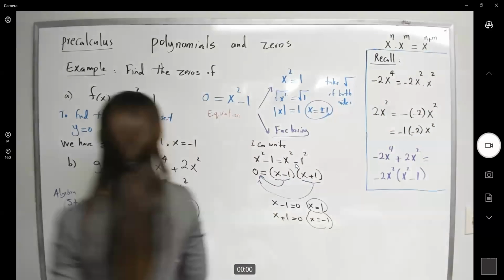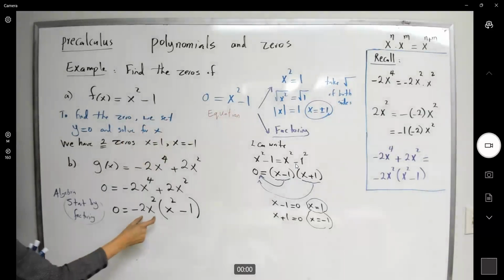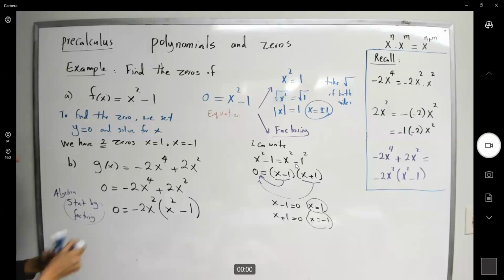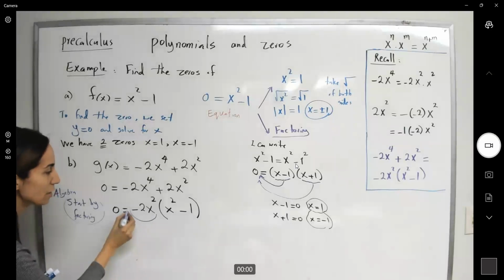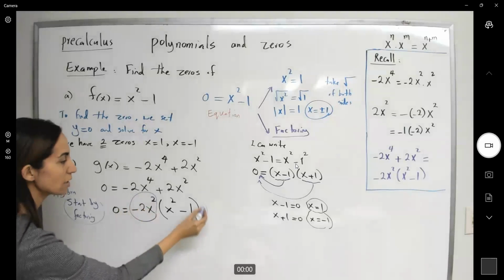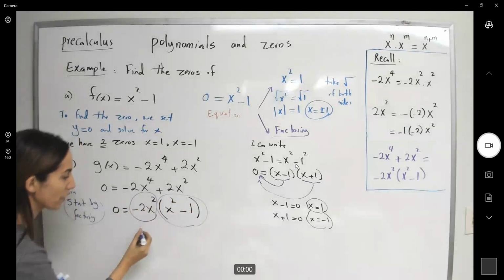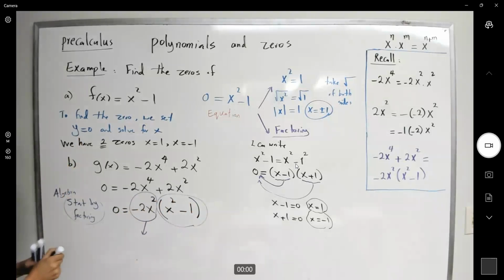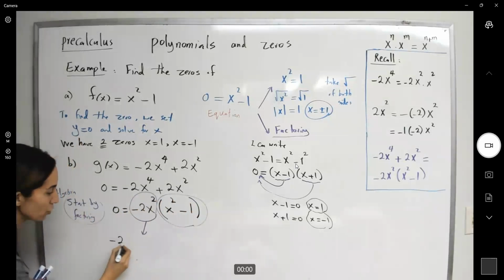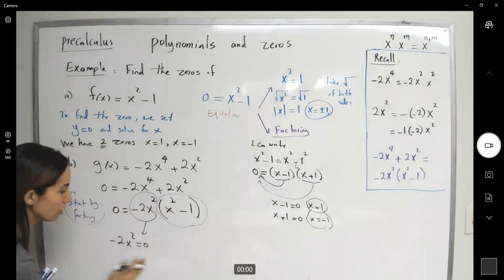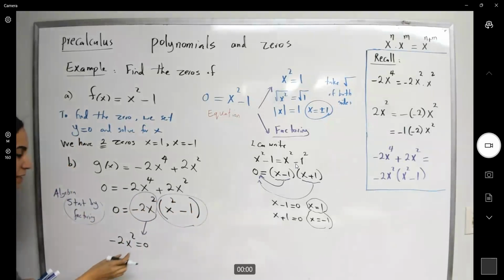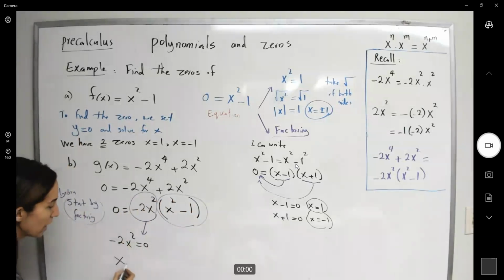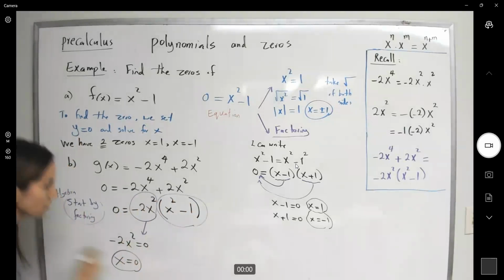Okay. So we're setting the multiplication equal to 0. What's the meaning of that? It means that either this term is 0 or this expression is 0. So set negative 2x squared equal to 0. What's the meaning of that? It means that the only option is x to be 0. X is 0.